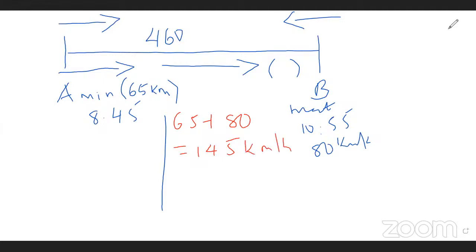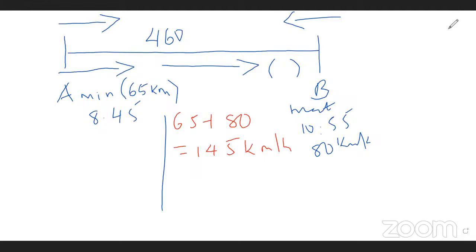Now let's look at the distance between the two vehicles, what we are now calling the relative distance. That distance will be obtained when the second vehicle starts moving. Like in this case, we have the minibus leaving at 8:45, while the matatu is leaving at 10:55.